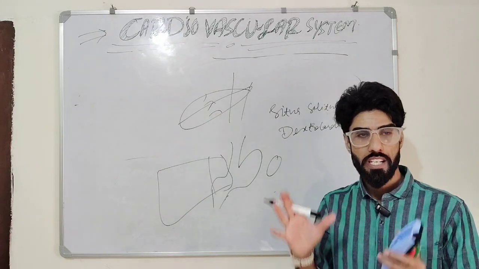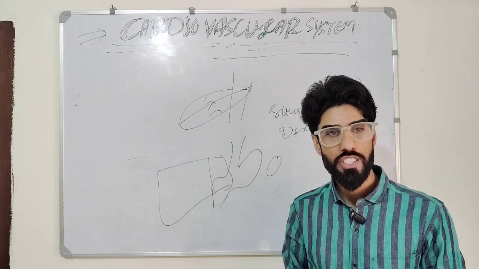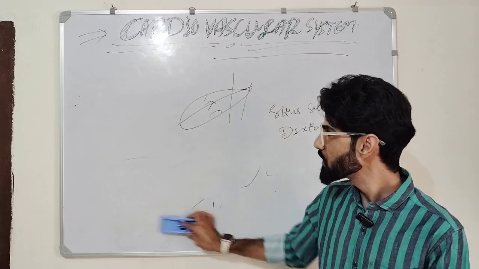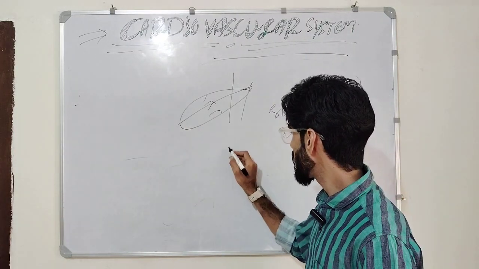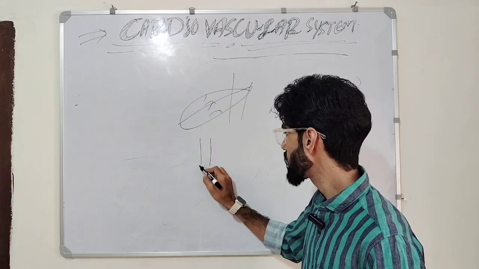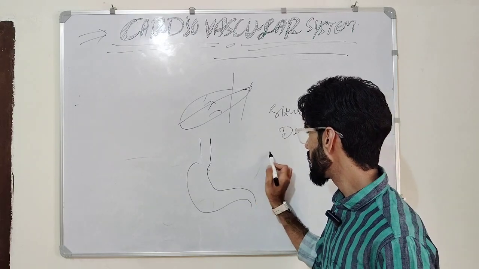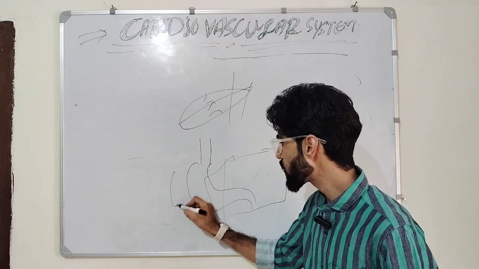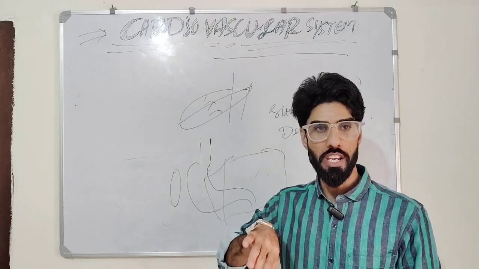But what is situs inversus dextrocardia? In dextrocardia, the heart will be on the right side of the sternum. But inversus means the stomach will be towards the right, the liver towards the left, and the spleen towards the right, like a mirror image.